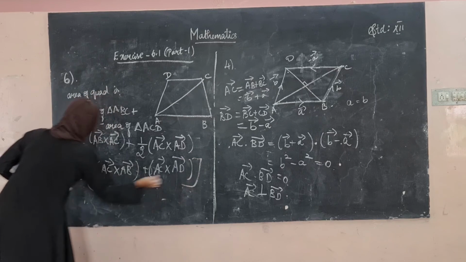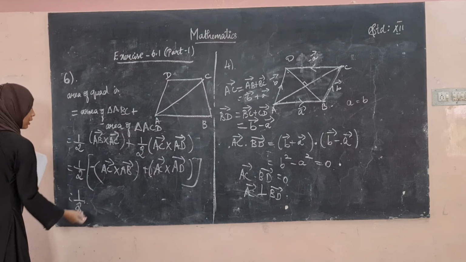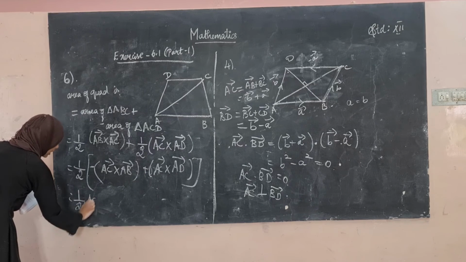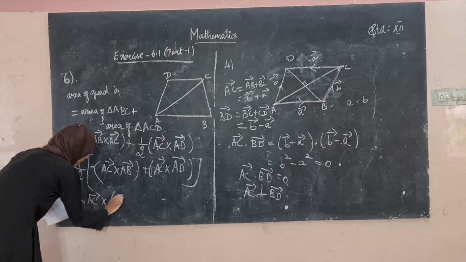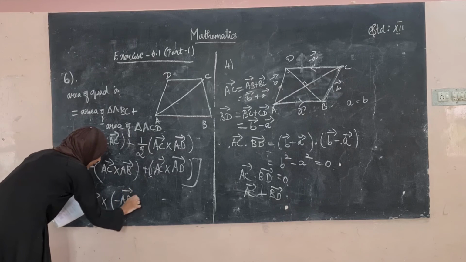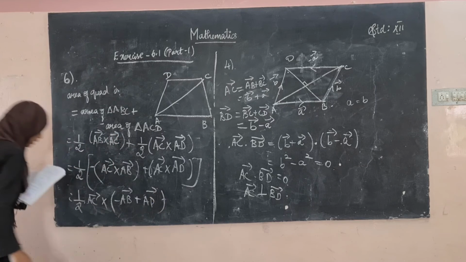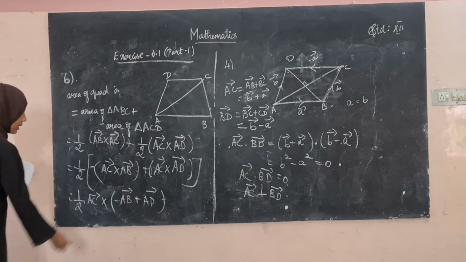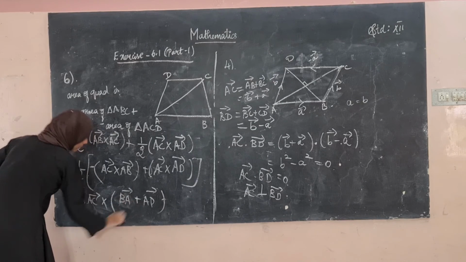Now we can take this as common. 1 by 2 into AC vector cross minus AB vector plus AD vector. Minus AB vector can be written as BA vector, right?